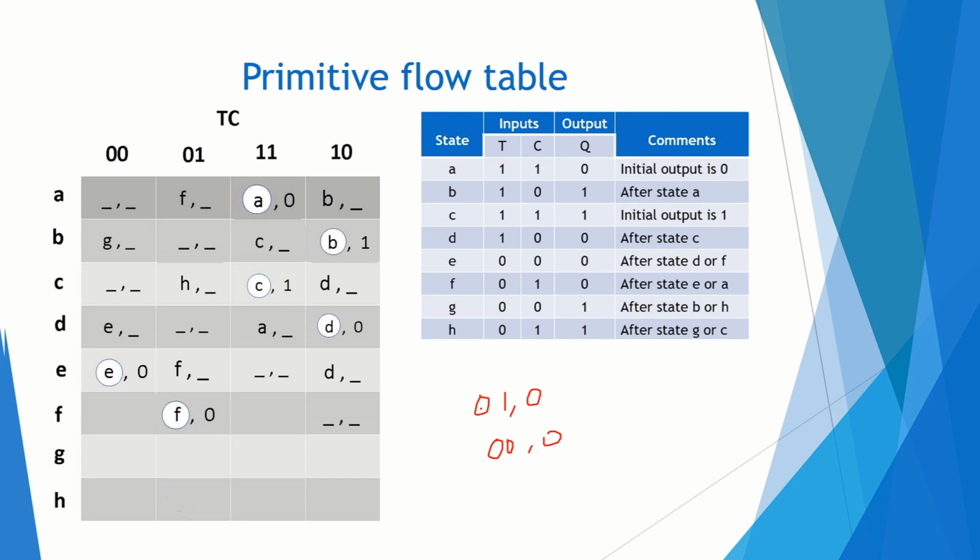So because T is equal to 0, it is in the same state. It is E, so it is E here, 0 0 0. So you can see here again 0 1 0, 1 1, same state, 0 1 1 0. It is A.